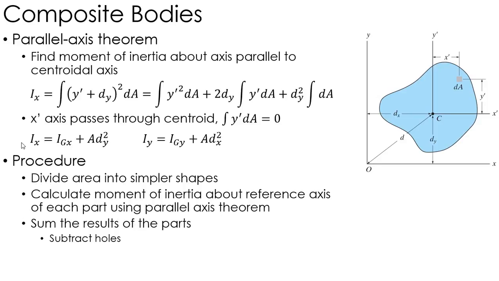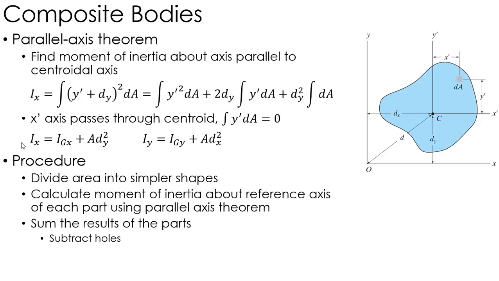The procedure, again: divide your area up into simpler shapes. Then calculate the moment of inertia about the reference axis for each of these shapes, using the parallel axis theorem if needed. If the reference axis actually passes through the centroid of one of your simple shapes, then you don't need to worry about the parallel axis theorem.